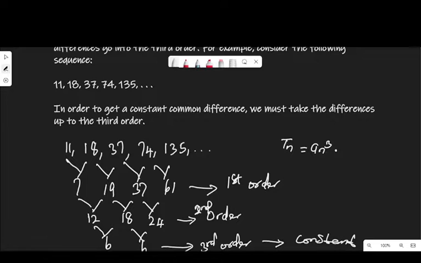So Tn is equal to an cubed plus bn squared plus cn plus d, which is the general formula for a sequence with cubic rule. If you are given a particular cubic sequence, you can use this general rule to determine the nth term of that sequence.